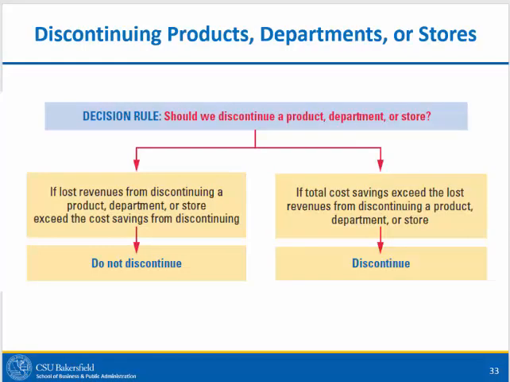Once you look at all these three things in the prior slide, what you can see is that when you discontinue a product, department, or store, you are very likely going to lose revenues. If lost revenues from discontinuing a product, department, or store exceed the cost savings, then do not discontinue.